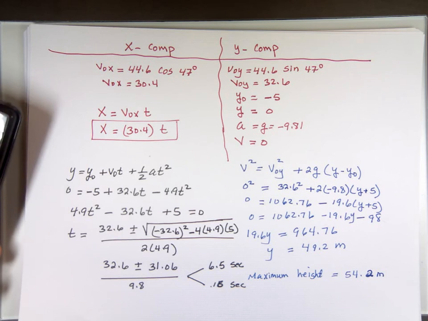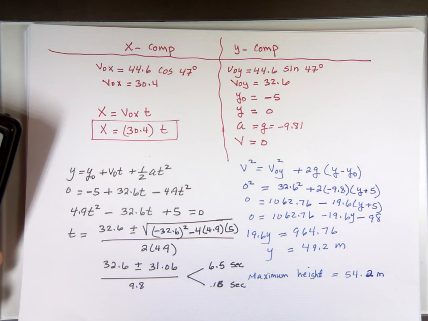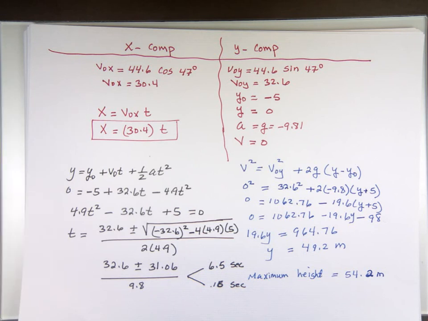So 6.5 and 0.16. The 0.16 doesn't seem logically possible for the ball to go from here to there. You blink your eye in less than that time. The ball doesn't go that fast. So that's the only logical one that makes sense.